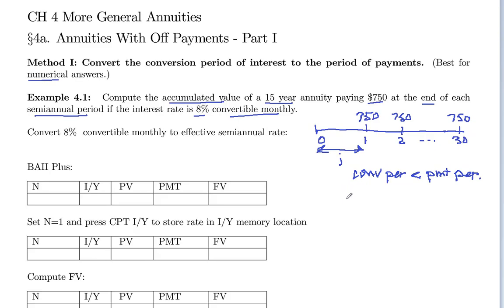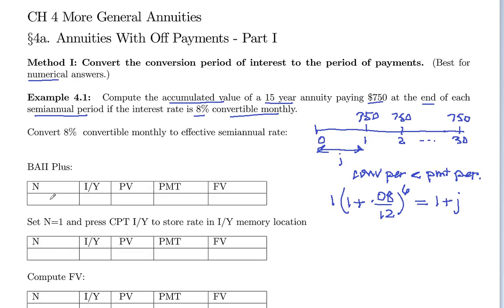You'll do 1 plus 0.08 divided by 12, accumulate that for 6 months. So this is 1 plus i upper m over m, to the power of 6 months, because that's your payment period. And that's going to equal your 1 plus J. You could do that with formulas.